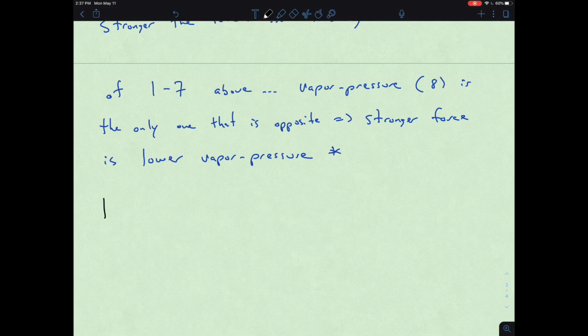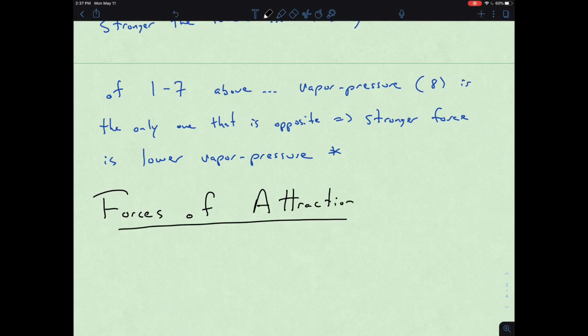So let's talk about our forces. We have 5 of them that we're going to be looking at.